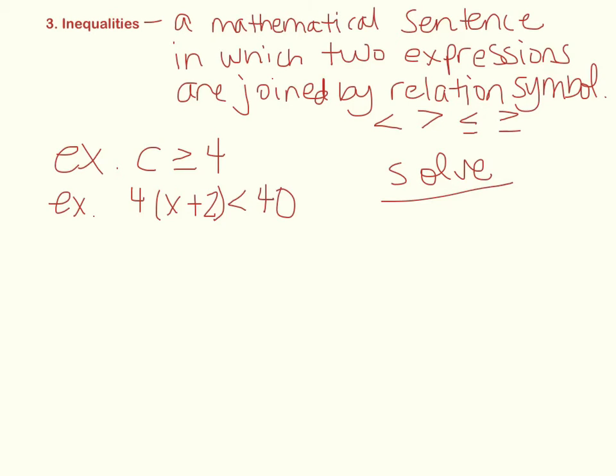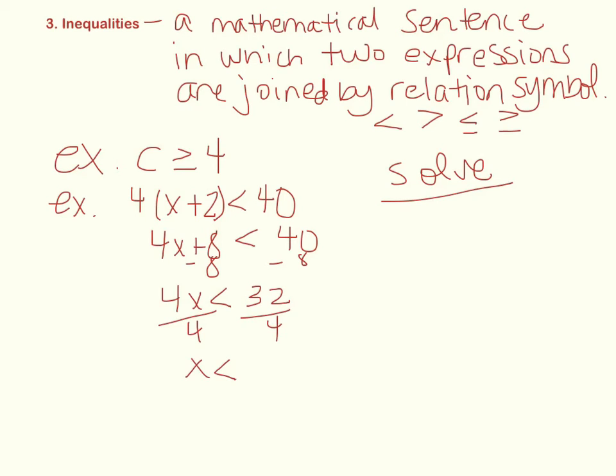We'll distribute the 4, so 4x plus 8 is less than 40. Then we'll subtract the 8, and we get 4x is less than 32. And divide by 4, x is less than 8. So we had an inequality and we solved it to get x is less than 8.